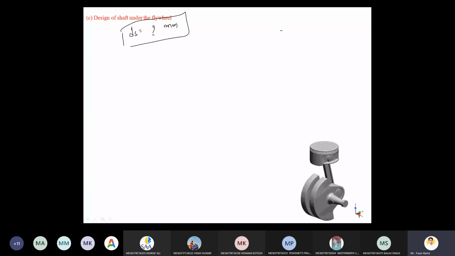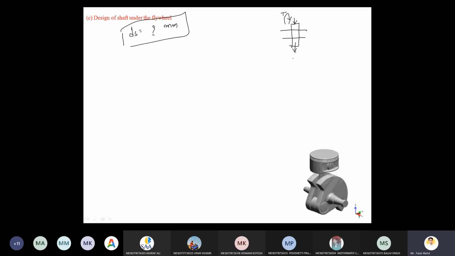Suppose this is a shaft and this is a flywheel. The flywheel is continuously rotating, so it is subject to torque, and the flywheel has some weight, so it is subject to bending moment. So different types of stresses are gathering here.